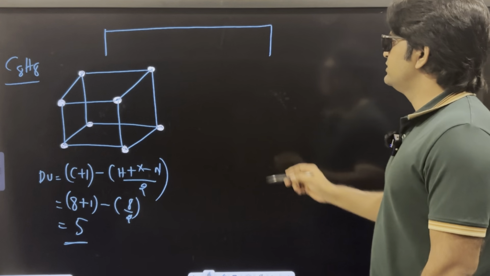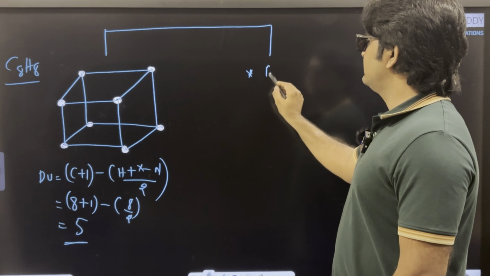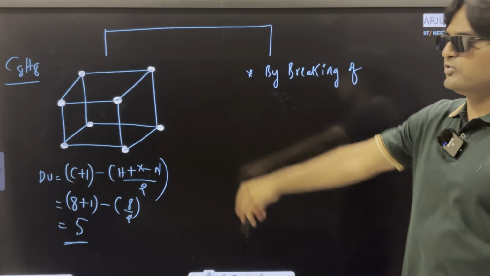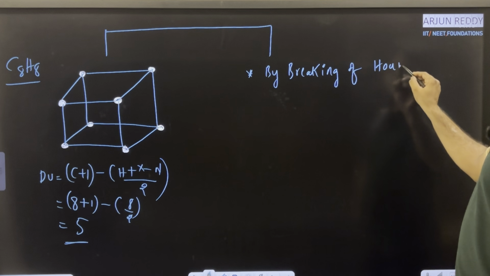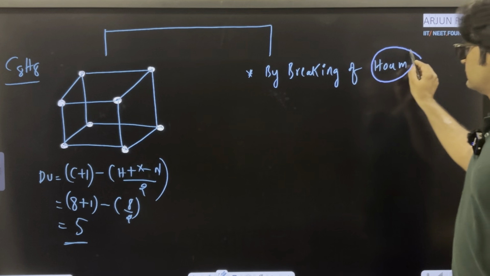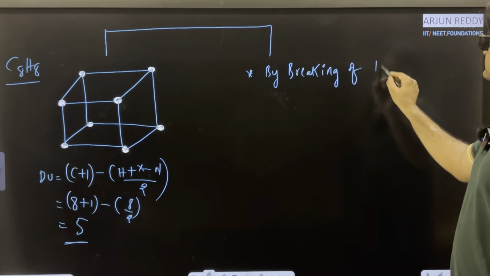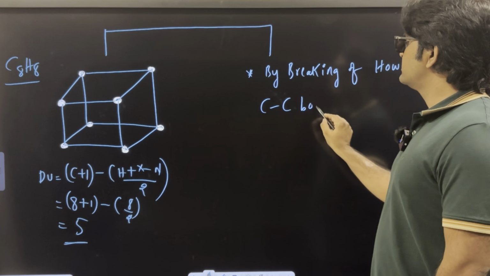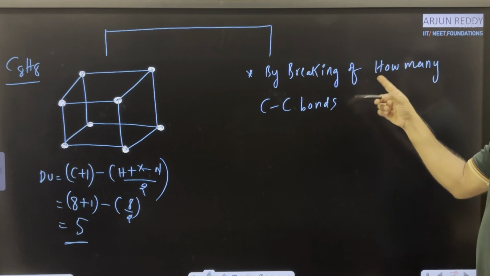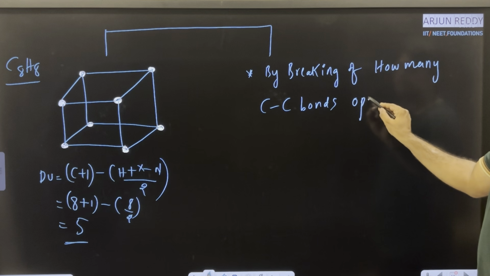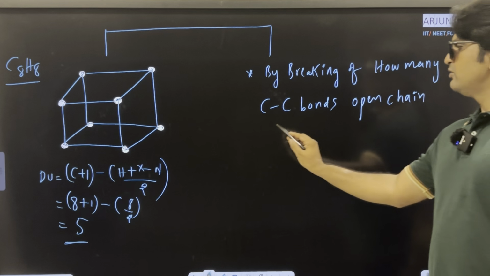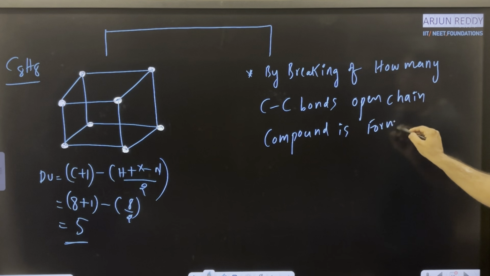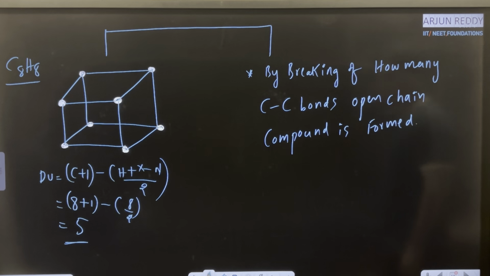And the same question they ask in a second type of question: by breaking how many C-C bonds is an open chain compound formed from the same compound?